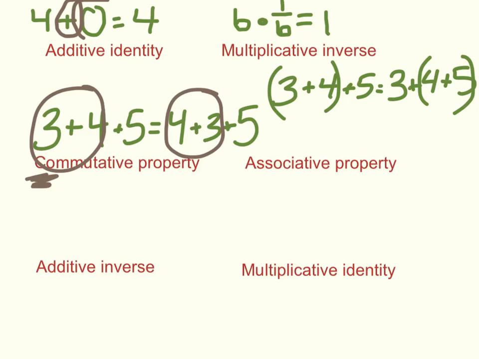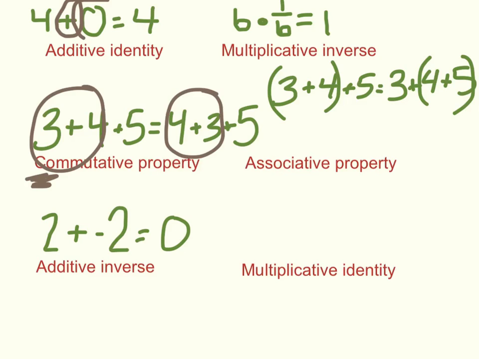Additive inverse, again, you'll know this one because it has a plus. And the inverse of something is the opposite. So we're taking a number like 2 and we're adding -2. We're adding the opposite. So 2 plus -2 equals 0.